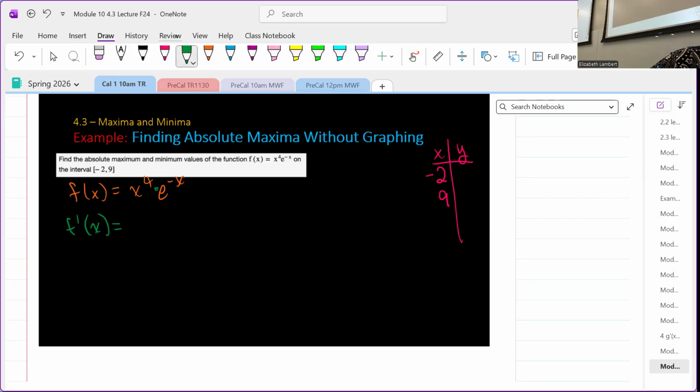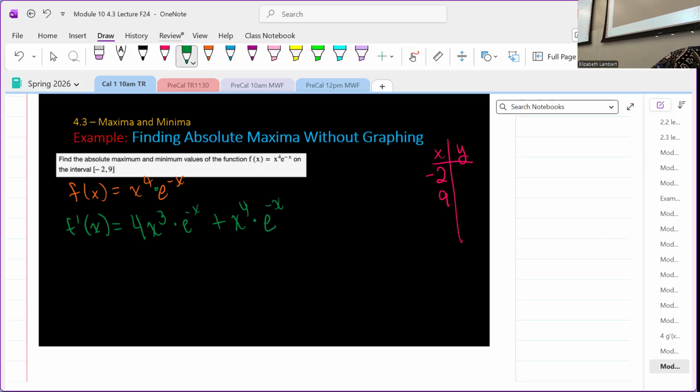So the derivative of x to the fourth is 4x to the third, times keep e to the negative x the same, plus, now I keep the x to the fourth times the derivative of e to the negative x.